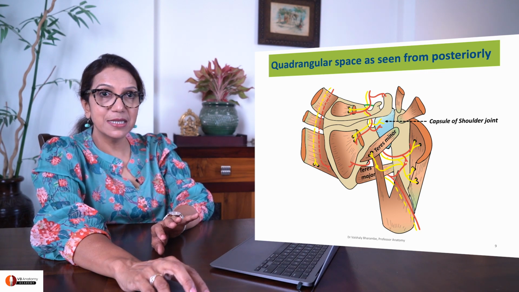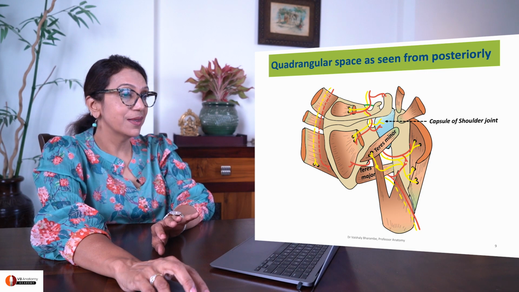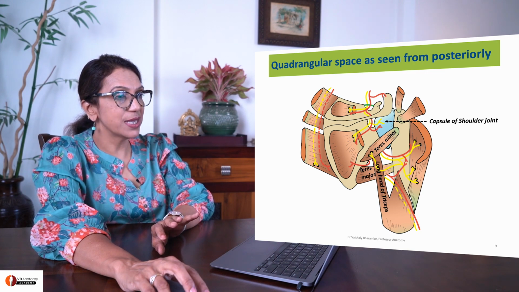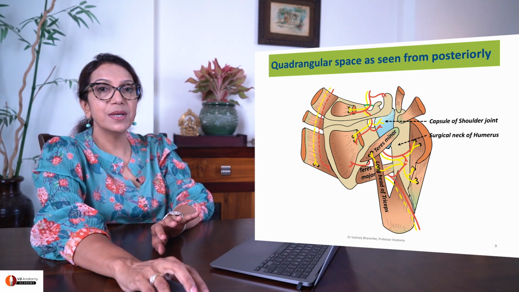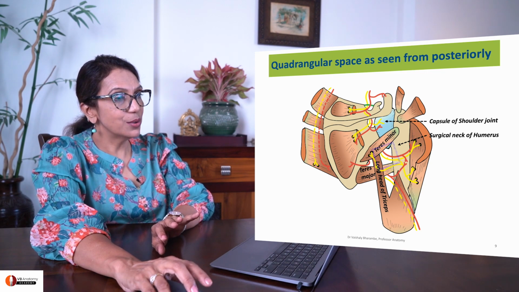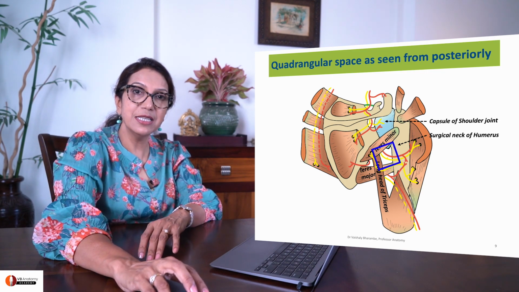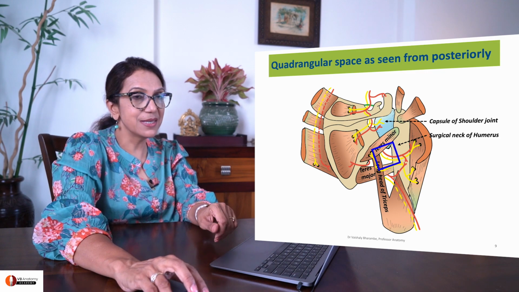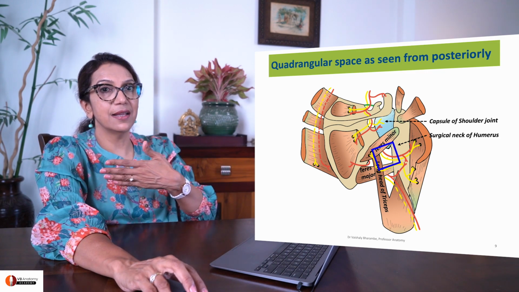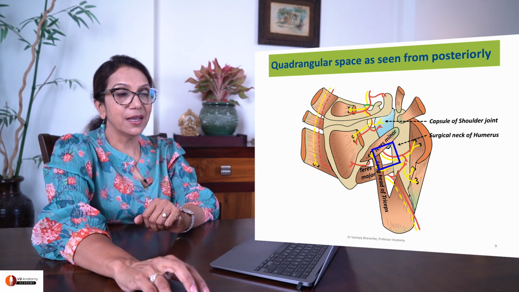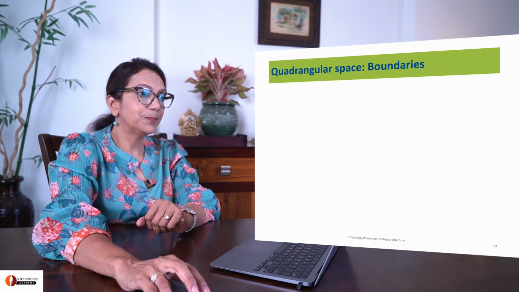Inferiorly it is formed by upper border of teres major. Medially it is formed by long head of triceps and laterally by surgical neck of humerus. So here is your quadrangular space. It is through this space that structures will exit the axilla and come into the back and scapular region.